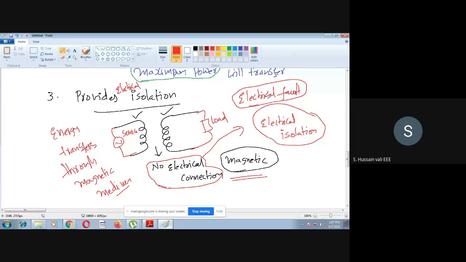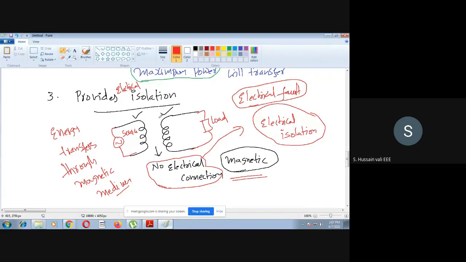Say a short circuit occurred, or a tree falls on a transmission line, or any kind of electrical danger happens on one side. Then that danger will not affect the other side. Why will it not affect the other side? Because there is no electrical connection between both sides. As there is no electrical connection, the fault which may occur on one side will not affect the other side. So this is another advantage.